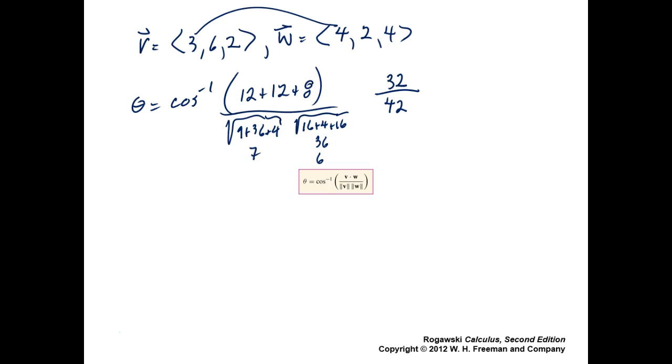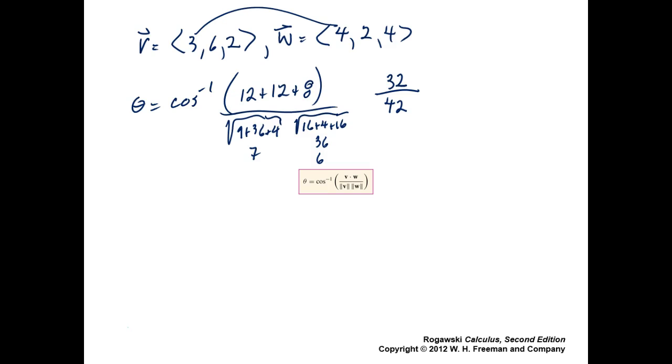That's the same as, what page are we on? This is page 646, section 12.3. So if any of you got a calculator, plug that in, see what inverse cosine of 32 forty-seconds is. I do not today.